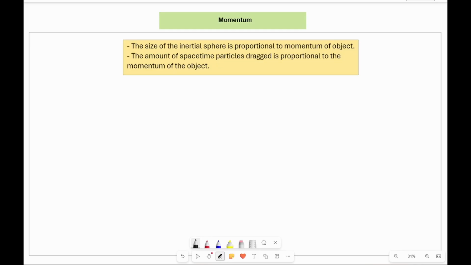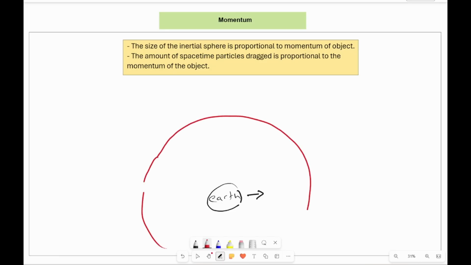And so if we look at that again here, Earth is going this way. We have this sphere. Now, again, everything is moving in this direction, right?